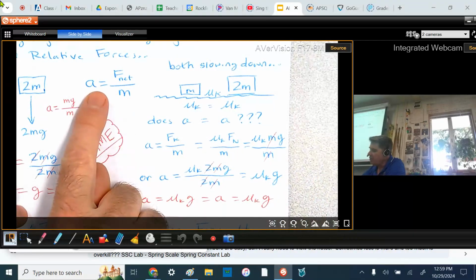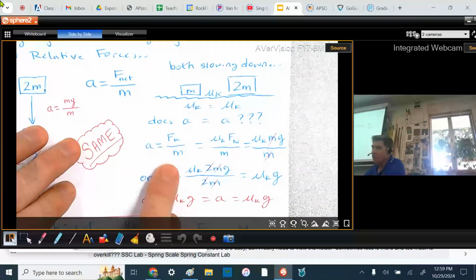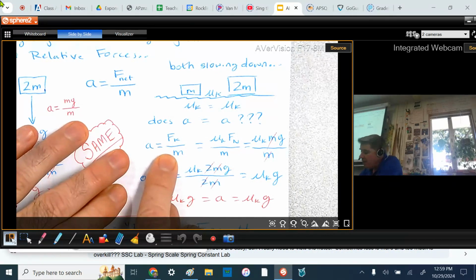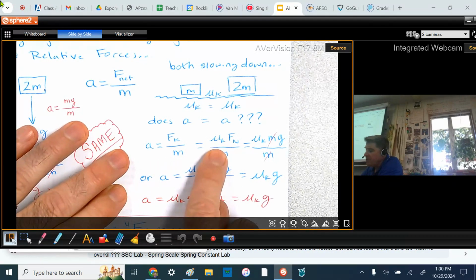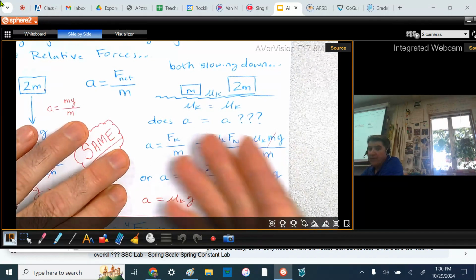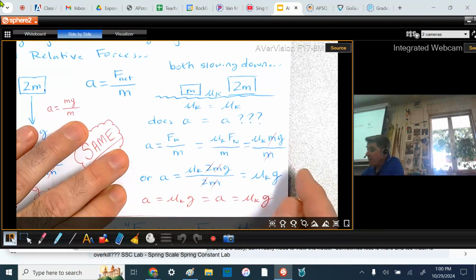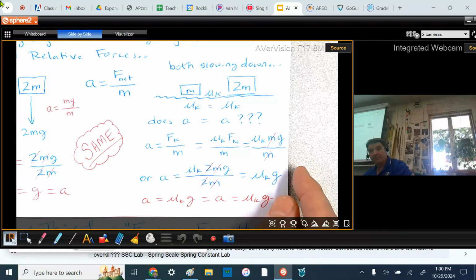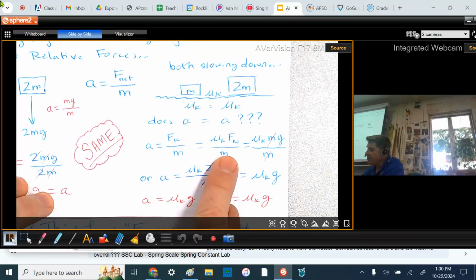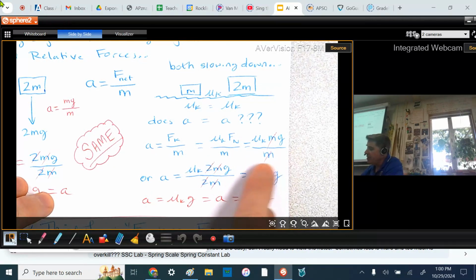Now we still have the same equation: acceleration equals net force divided by mass, but in this case the net force that's slowing them down is the force of friction. The force of friction is defined as mu sub k times Fn, and since Fn, on flat ground at least, is directly related to the weight, which has mass, you get mu sub k times mg over m.